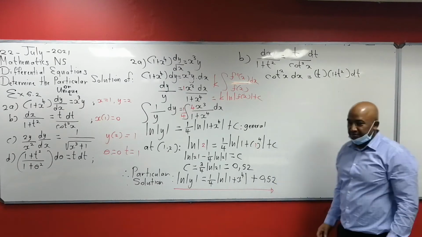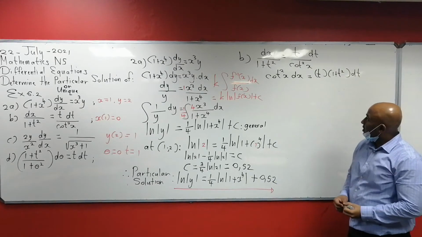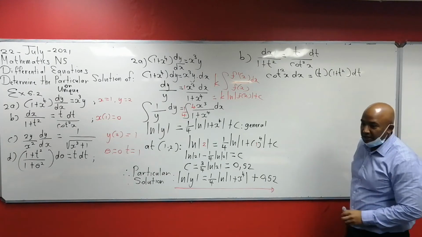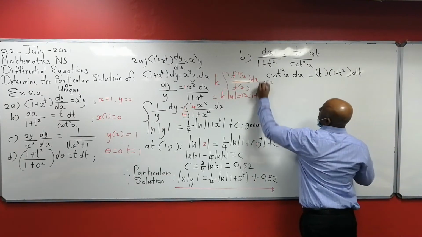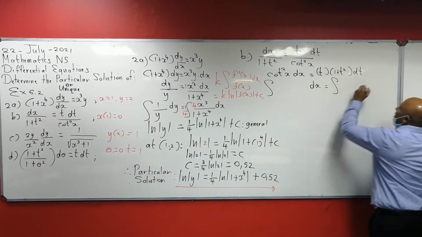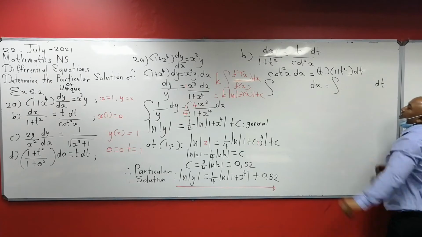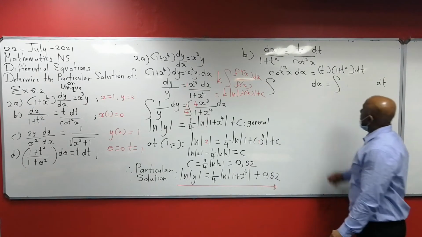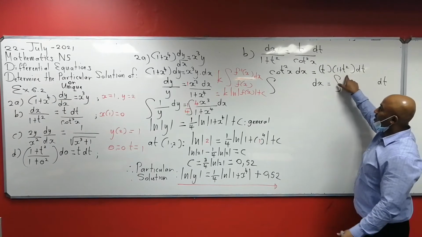Right, now we separated it. Let's integrate both sides. So I need to integrate the left hand side with respect to x, integrate the right hand side with respect to t. Now, the right hand side needs to be simplified.